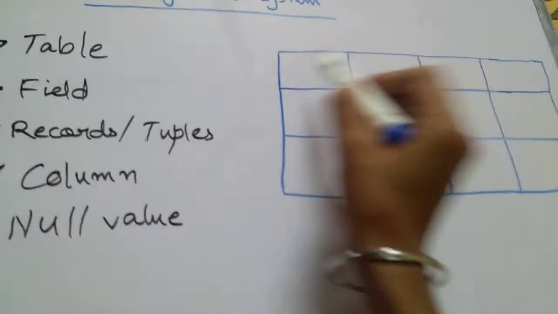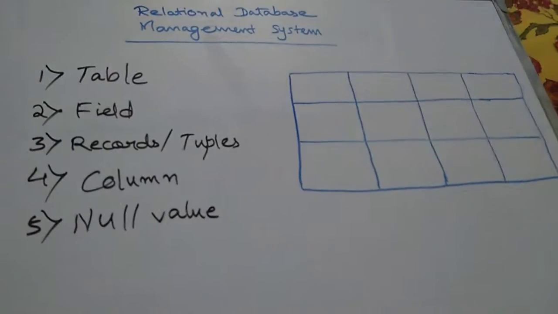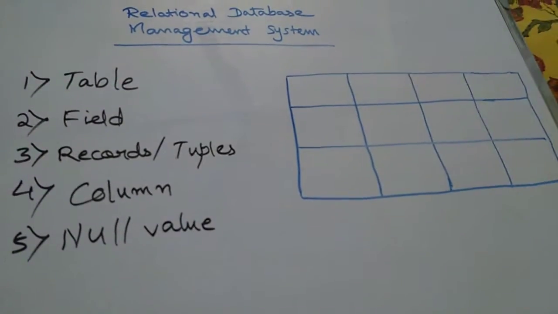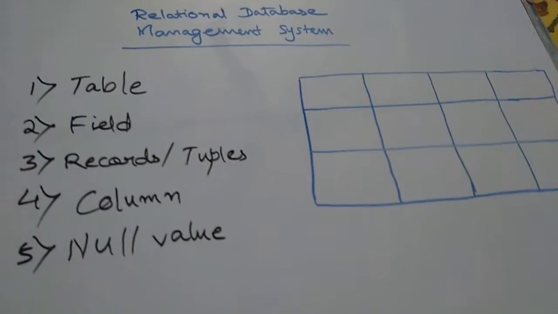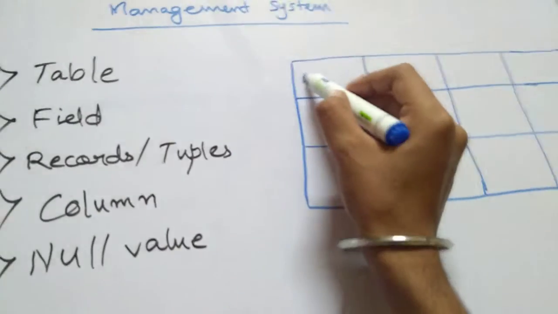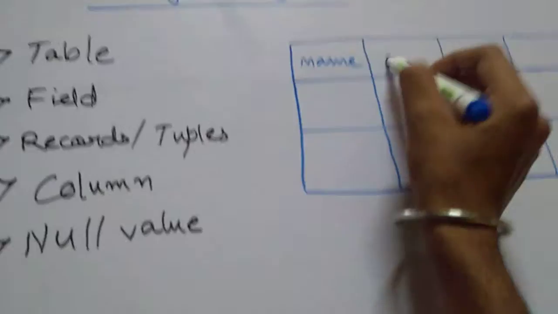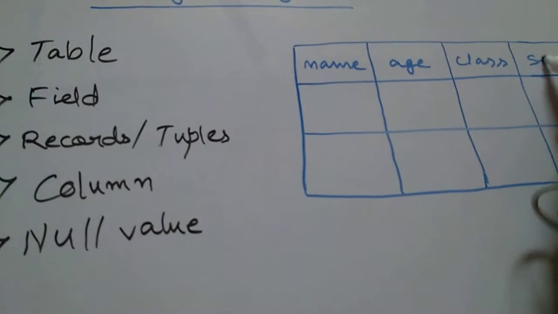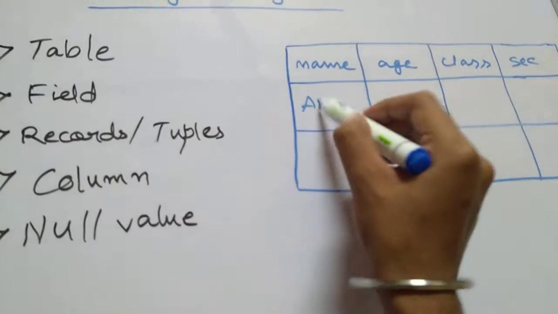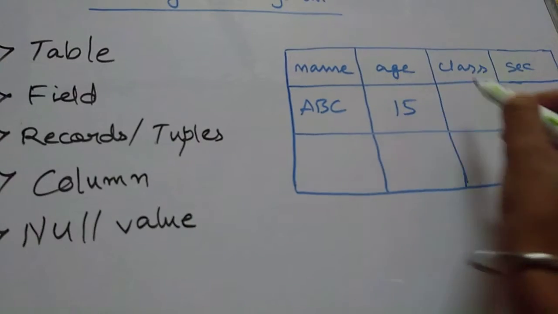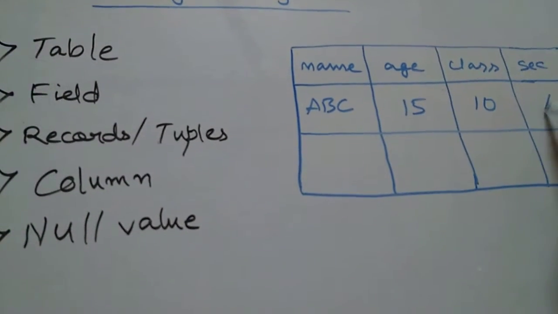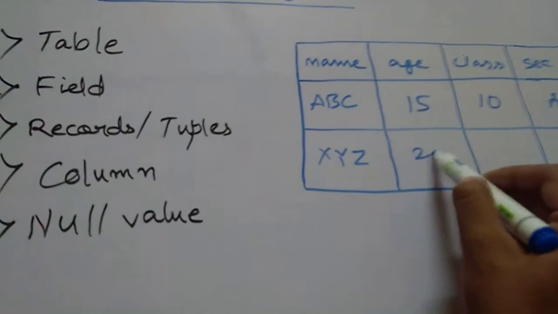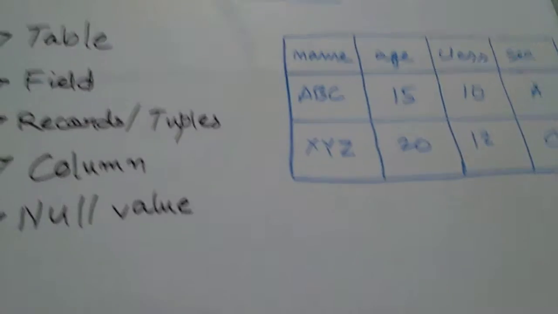Now, the example that I showed a few minutes ago about the student database, I will draw that example once more. So it was name, then age, then class, and finally section. This was ABC, this was 15, class was 10, and section was A. Similarly, it was XYZ, this was 20, this was 12, and this was C.